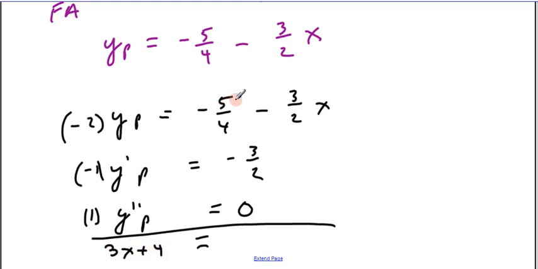Okay, so I got 5 halves and 3 halves is 8 halves, which is a 4. And then I've got a plus 3x, so that solution checks.